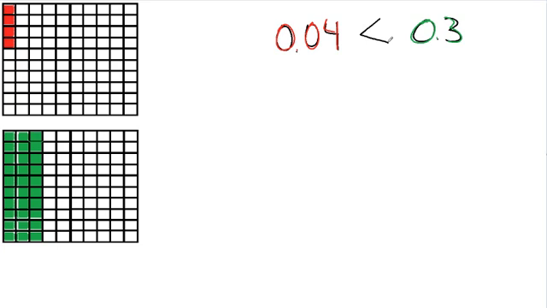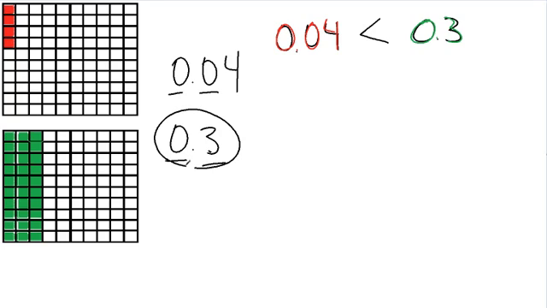If you didn't want to color this all out, you could do one of two things. You could stack them. So we have 4 hundredths. Make sure when you stack decimals, you line up your decimal points. And so we can see that there's 0 in the 1's place, and in the 10ths place there's a 3 here, so this one must be bigger.